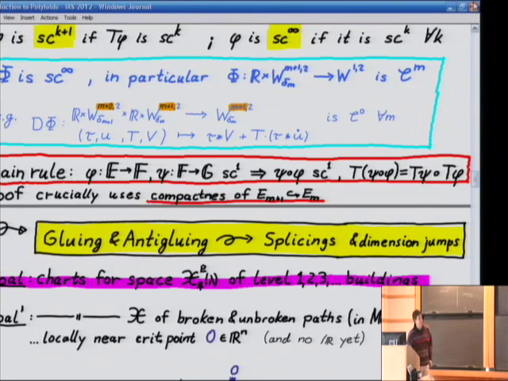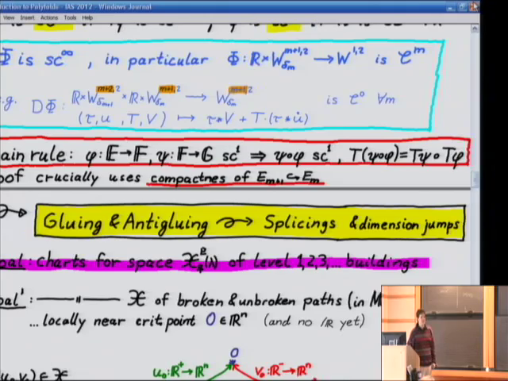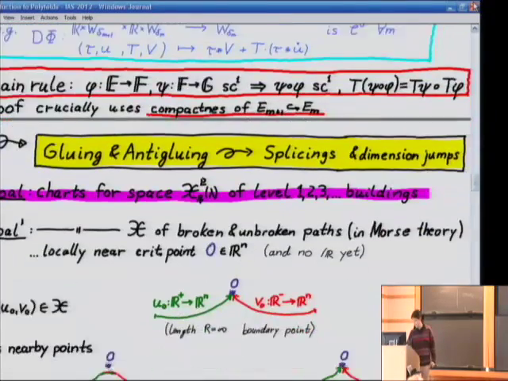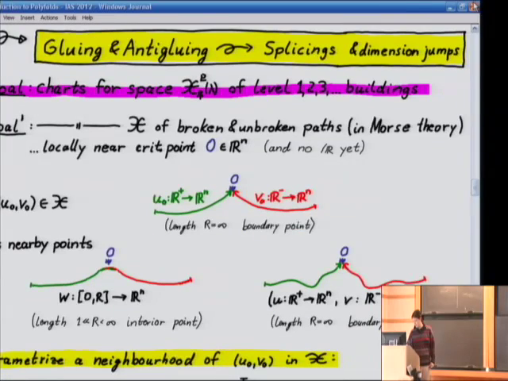Okay, so that was the easy part of polyfolds, I think. So that's the part that would allow us to do analysis on a space of maps of some Sobolev regularity modulo the automorphism group, which is already pretty nifty.